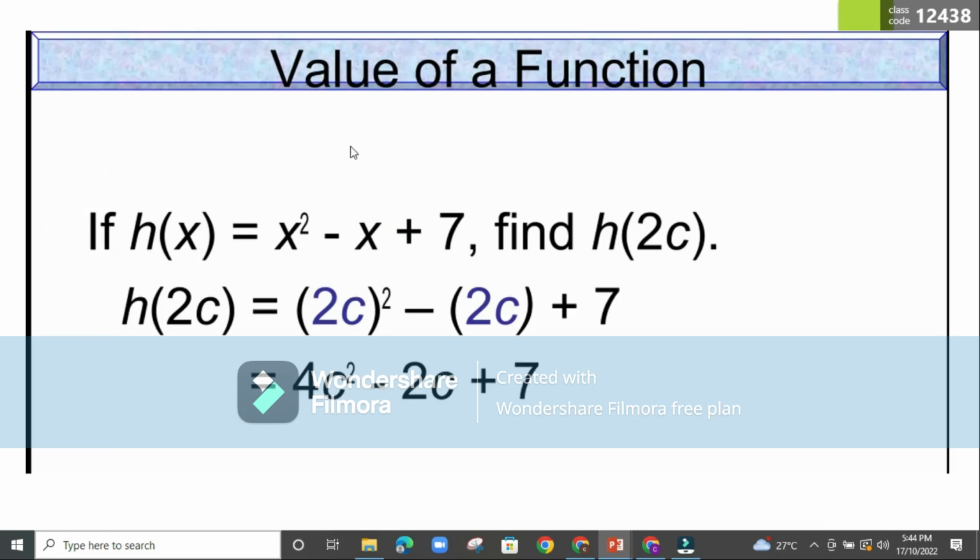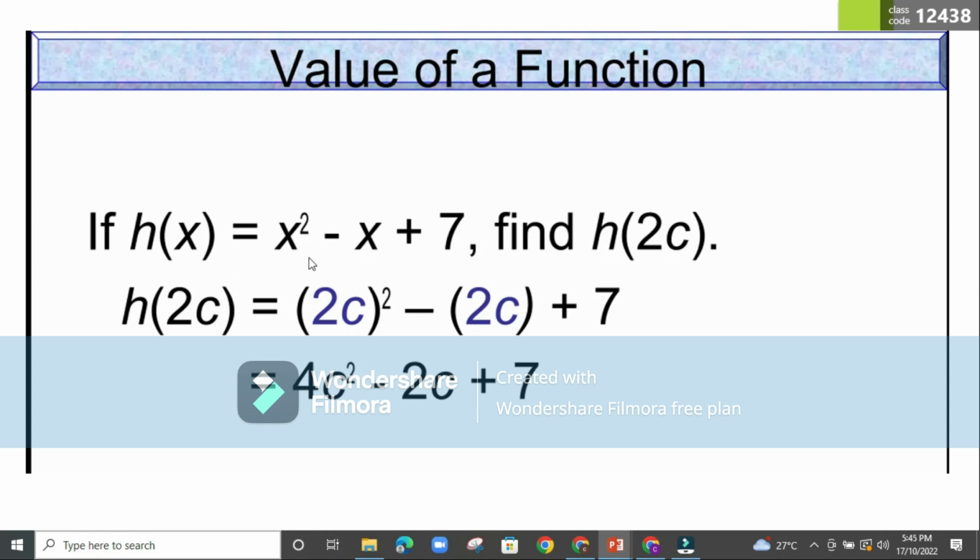Okay, let us continue. If h of x is equal to x squared minus x plus 7, find h of 2c. Now this time, the input has a variable. This is 2c. So you expect that the final answer will have a variable too. Every time you encounter x, you're going to replace that with 2c.